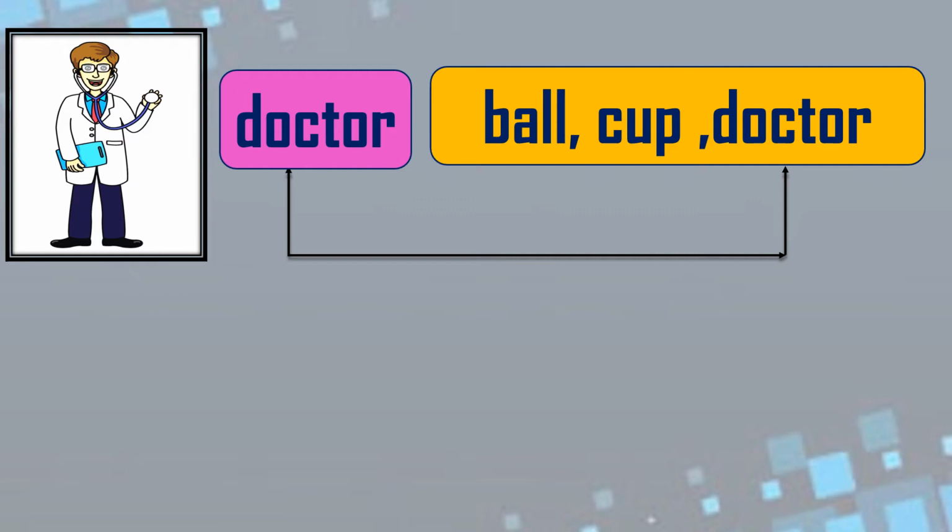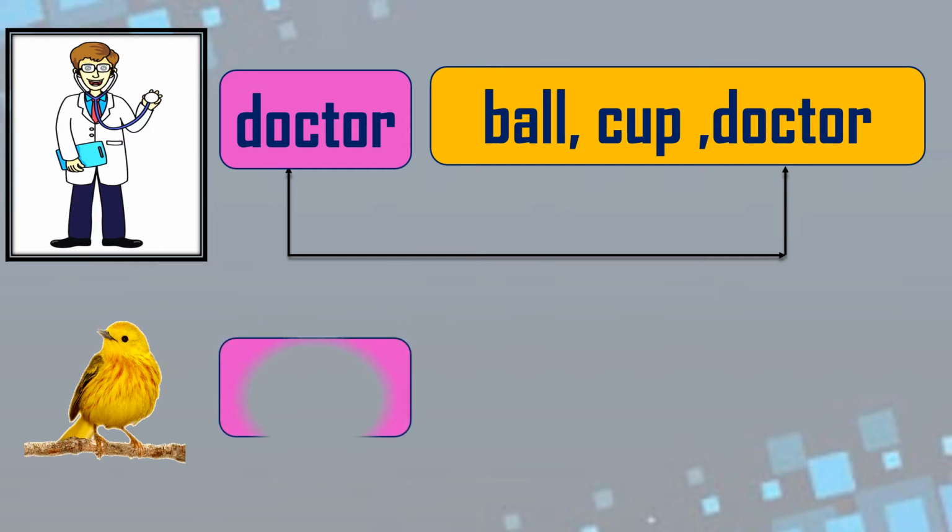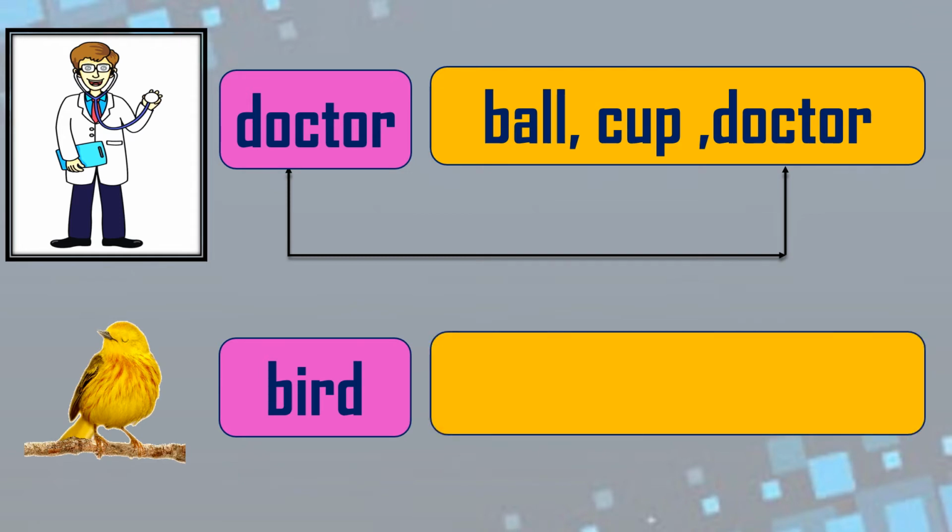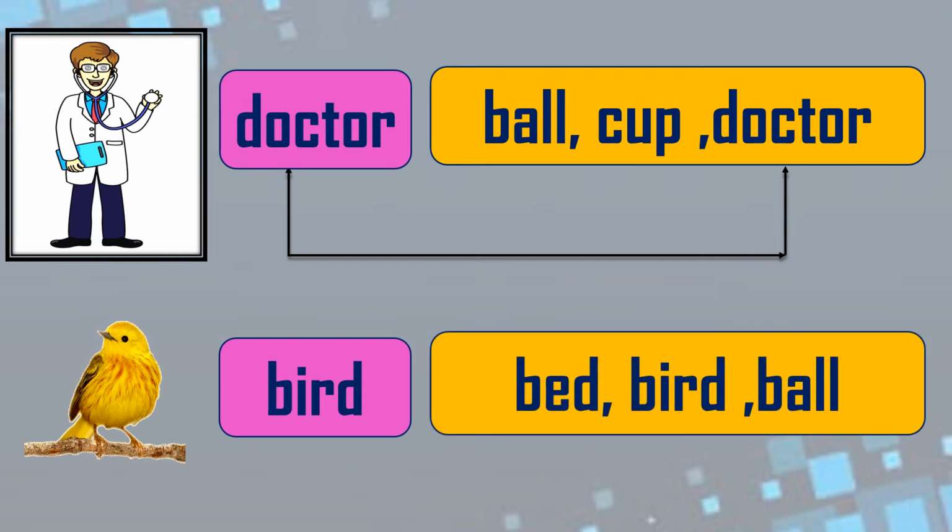Got it? I'll show you one more picture. What is this? It is a bird. Okay. Now again I am going to give you a yellow box and 3 words.